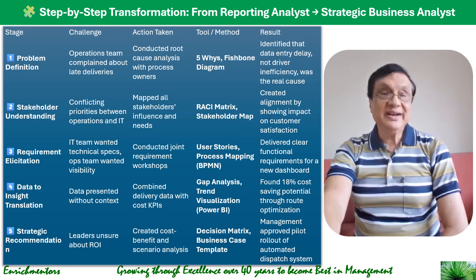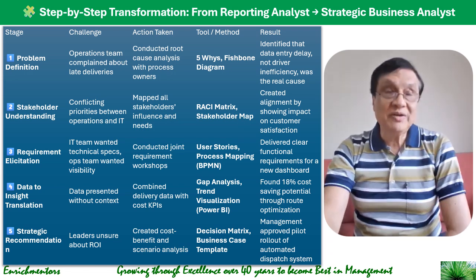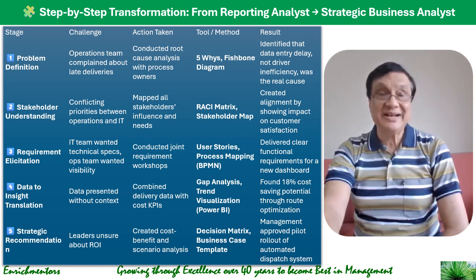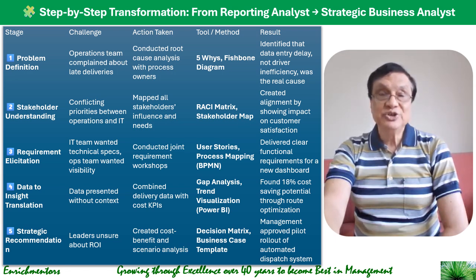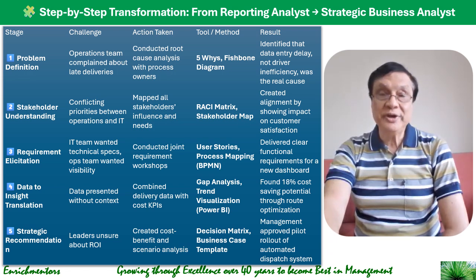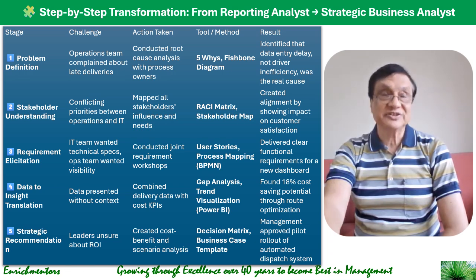The second stage was to gain an understanding of the stakeholders' true needs. The challenge was the conflicting priorities between operations and IT. Sarah mapped all stakeholders' influence and needs using tools like the RACI matrix and stakeholder maps. That created alignment by showing impact on customer satisfaction.